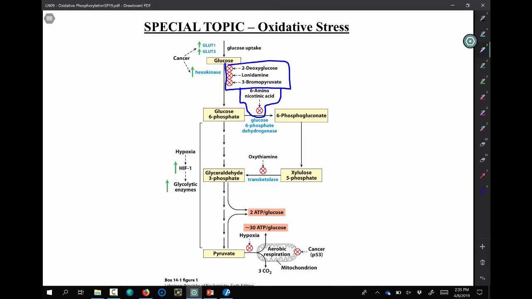Those are compounds that are potential anti-cancer therapeutics targeting hexokinase, the trapping reaction, and glucose 6-phosphate dehydrogenase. The reason they're trying to do that is to increase oxidative stress in those cells, which could potentially kill cancer. The problem, of course, with all anti-cancer therapeutics is that it will do that to many of your other healthy cells, and it will make you sick.